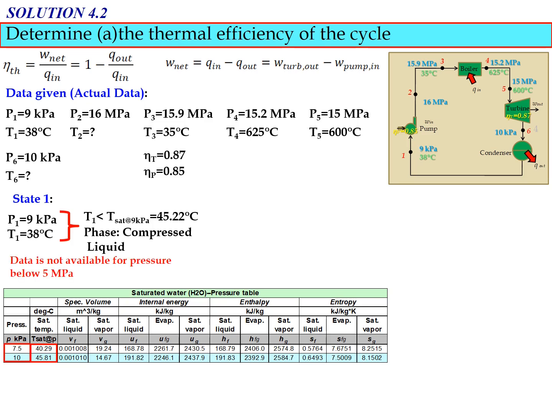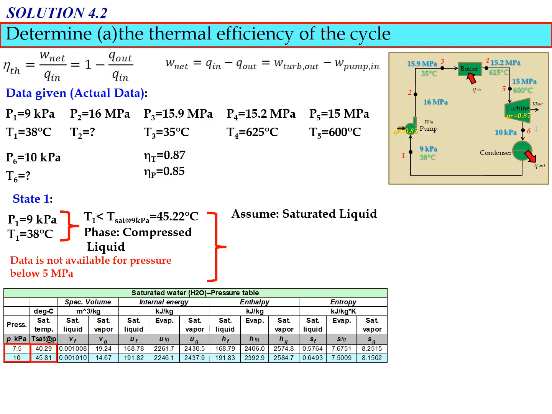Now, because the minimum pressure in the compressed liquid table is 5 megapascal, and for state number 1 the pressure is 9 kilopascal, the data is not available in the compressed liquid table. Thus, we need to make an assumption. The closest phase to the compressed liquid, which is still 100% liquid, is the saturated liquid.